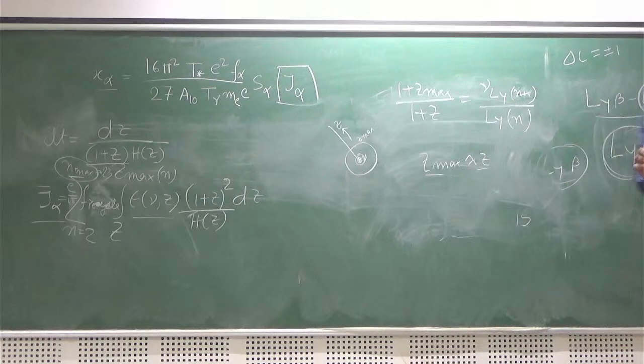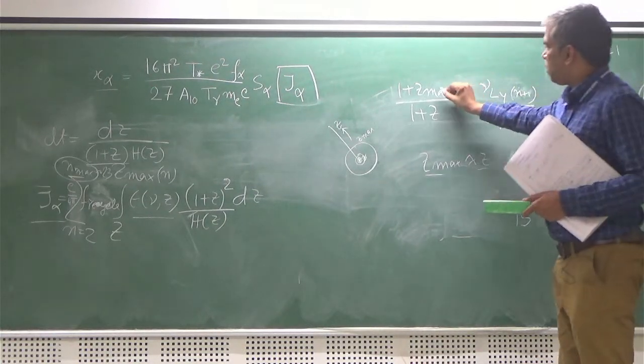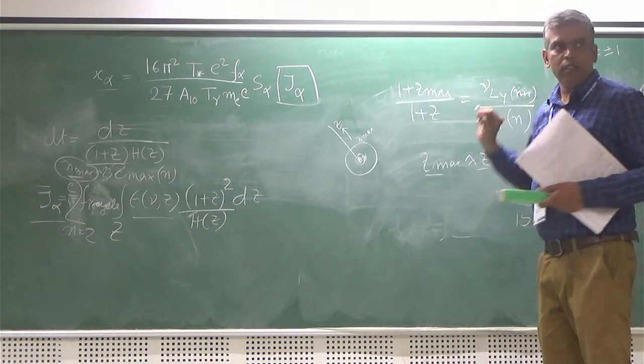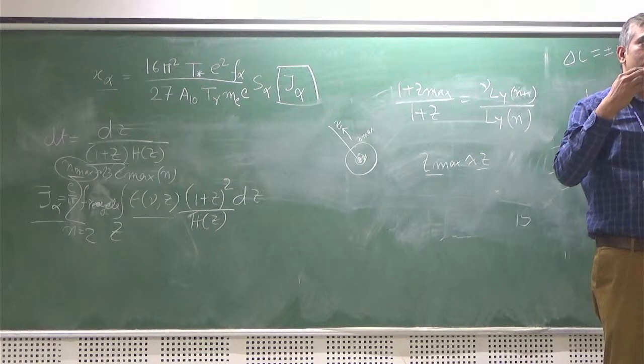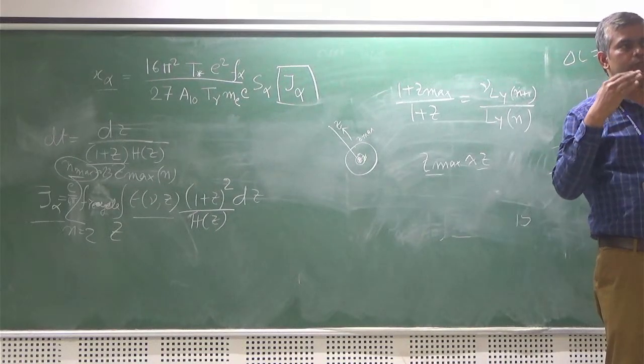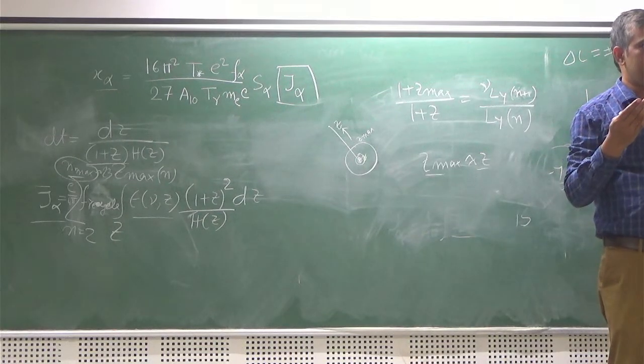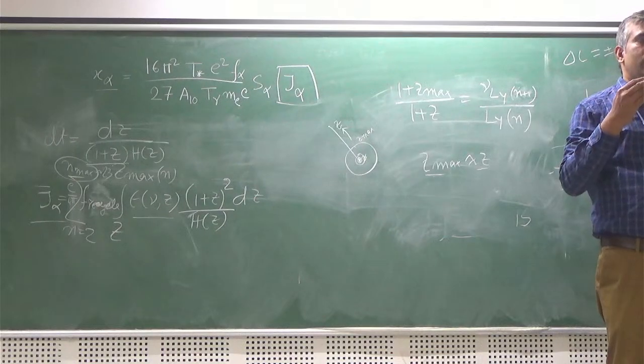Now this z max is arising because you are including photons which have frequency higher than Lyman alpha, right?